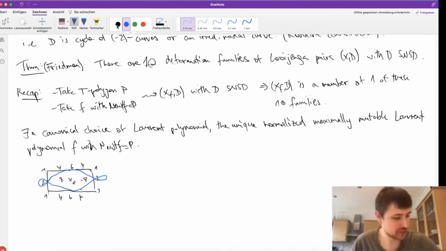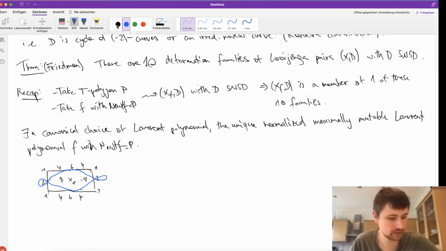And now we're in really good shape because in each of the 10 families of this theorem here, there exists a unique pair X_i, D_i with period point constant equal to 1, by the Torelli theorem.